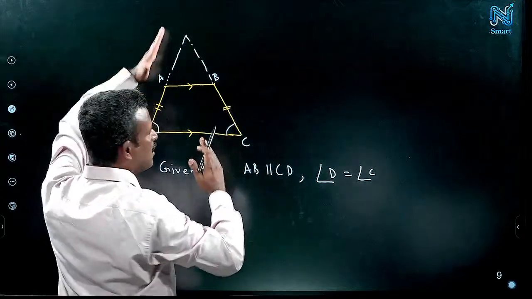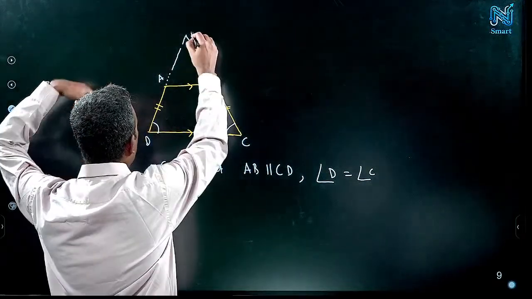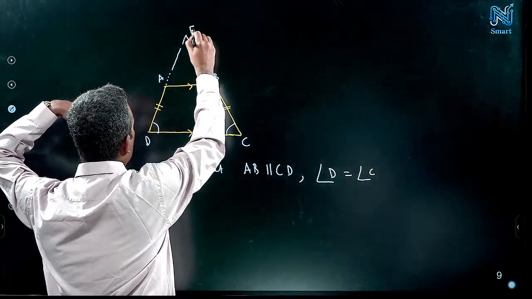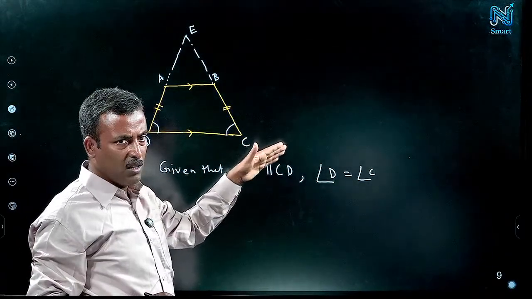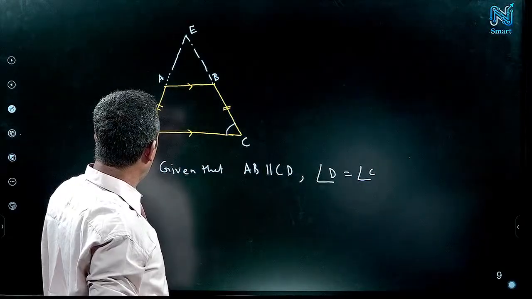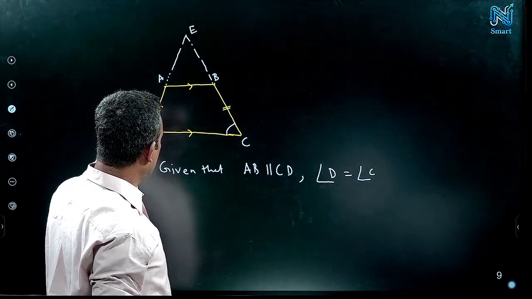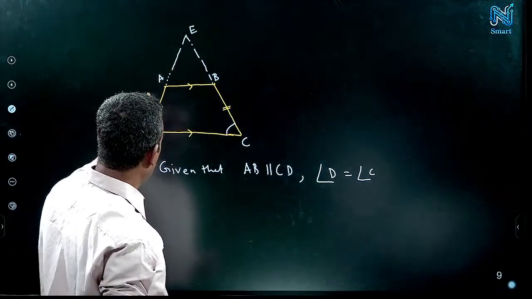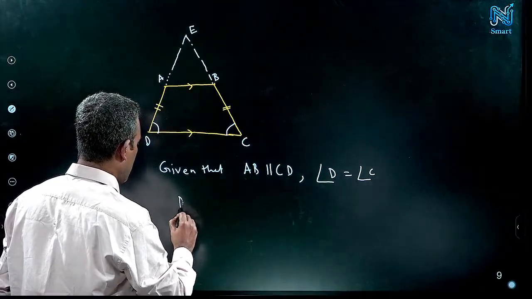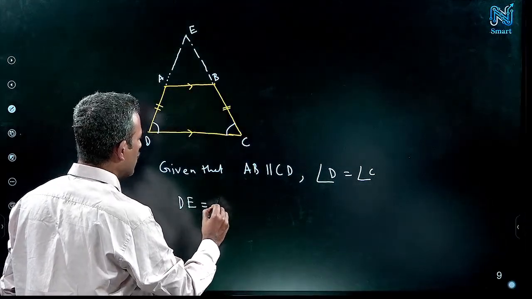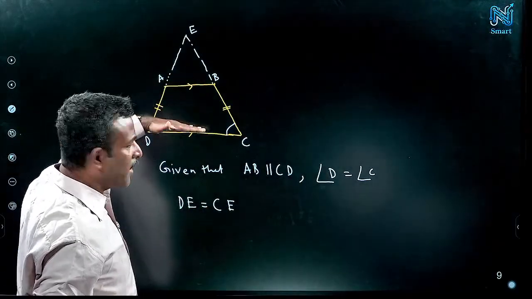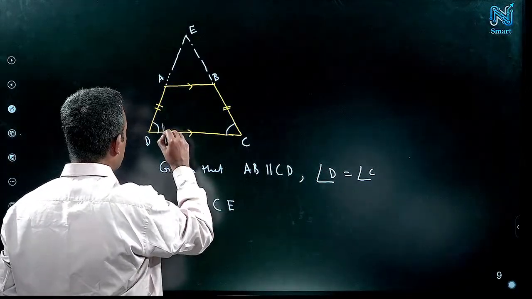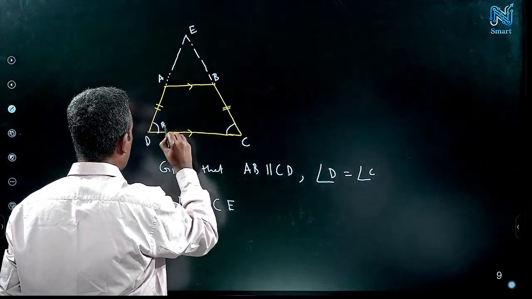Extend both DA and CB, say they meet at some E. Now we have a triangle EDC, and in this triangle angle D equals angle C, that means DE is equal to CE.